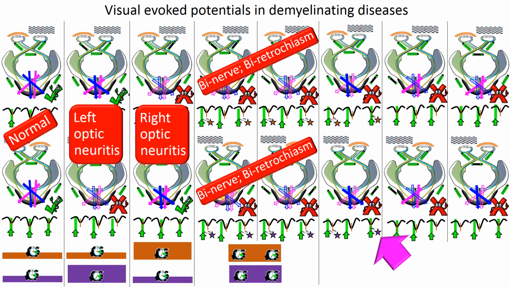Now going to the left eye stimulation, in the same situation, we can see the same thing. That is, that the left parietal is significantly delayed, while the right parietal P100 is not.